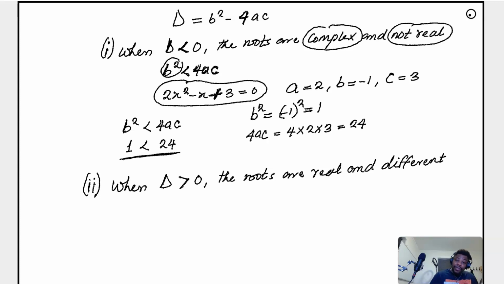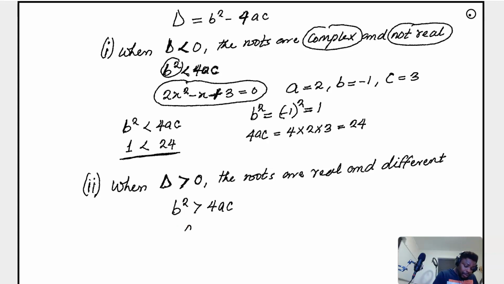The roots are real and different. So for d to be greater than 0, it simply means our b squared must be greater than 4ac. Let's take an example of this.